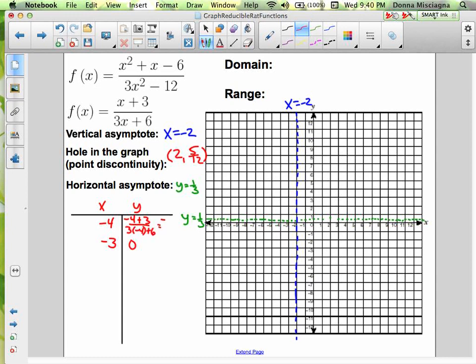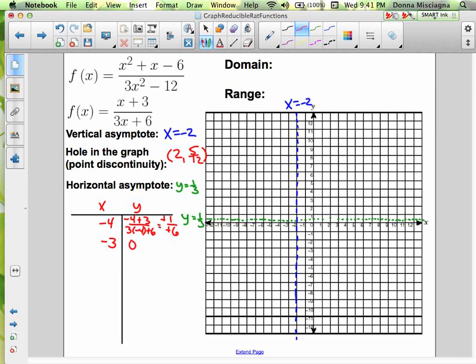So that's going to be negative 1, and that would be negative 12 plus 6, so that's going to be negative 6. So that's just 1/6, right? So that's 1 point. I don't think I want to use anything smaller because it's going to get even closer to the horizontal asymptote, and if I choose anything further away from that vertical asymptote, it's going to get even closer. So we're good on the left-hand side.